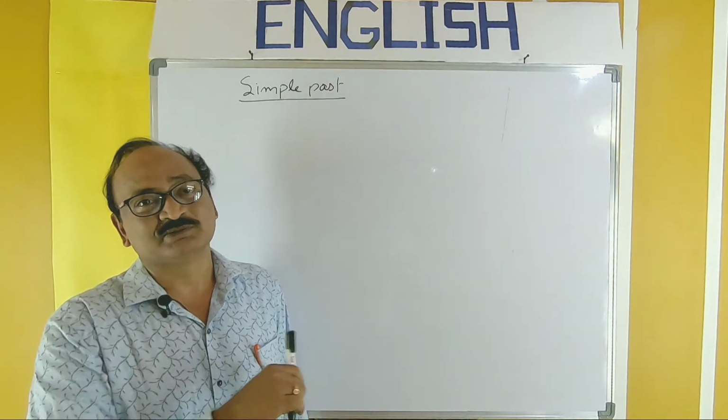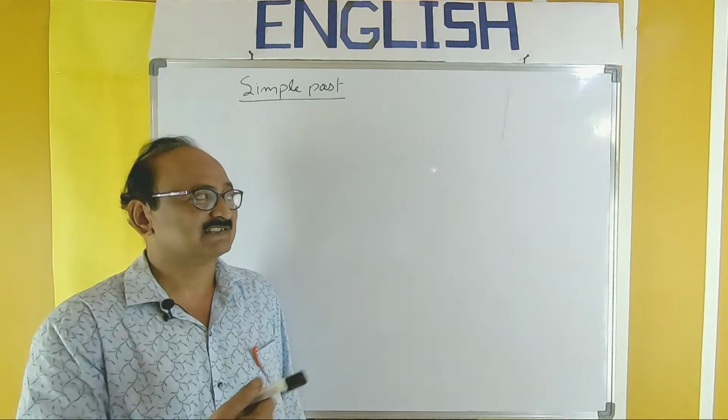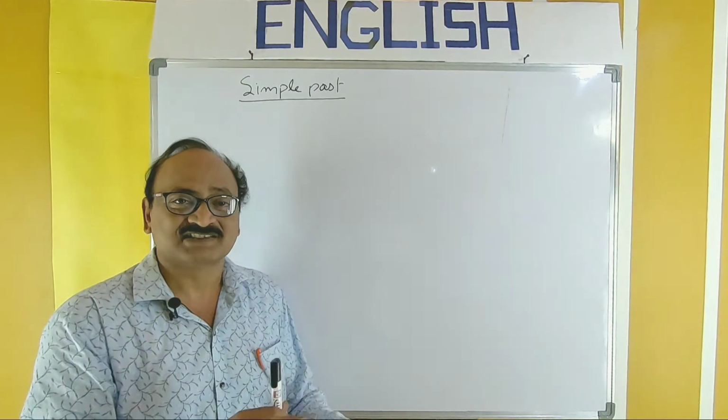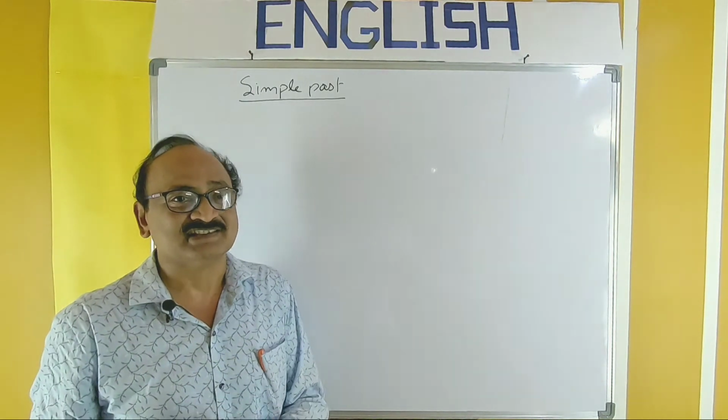Recall the structure of simple present: subject plus present tense form of verb plus object. This is subject plus past tense form of verb plus object. So that is a comparative study. By making a comparative study, you can remember it easily.